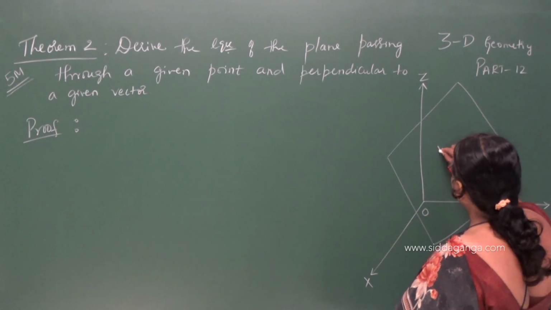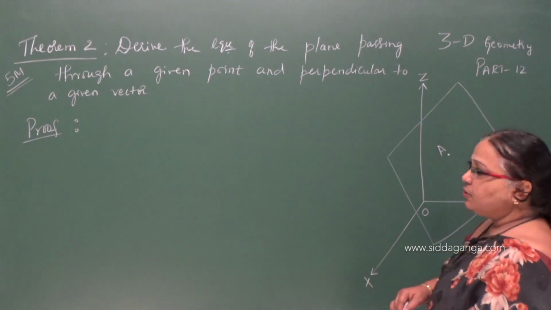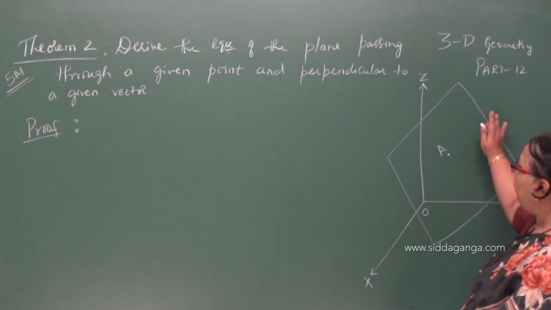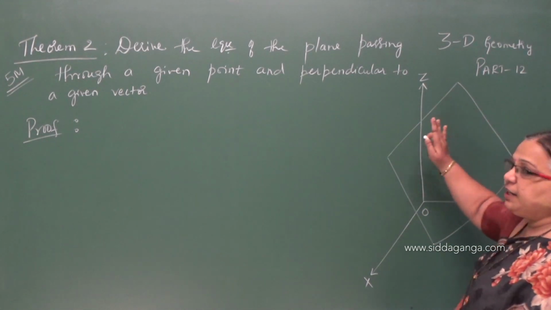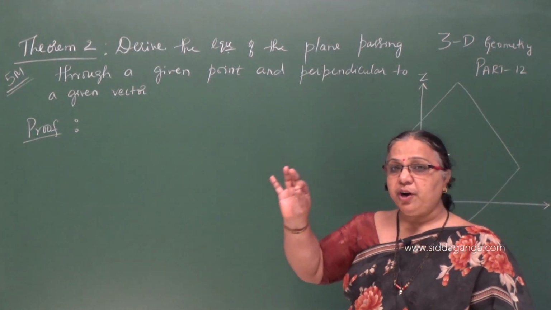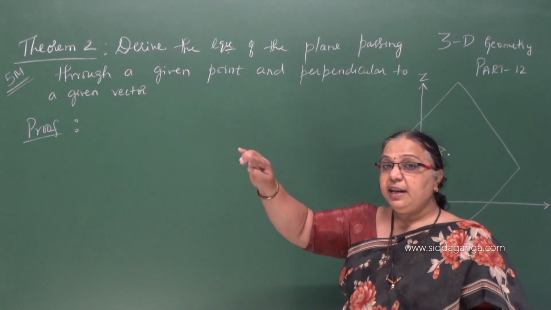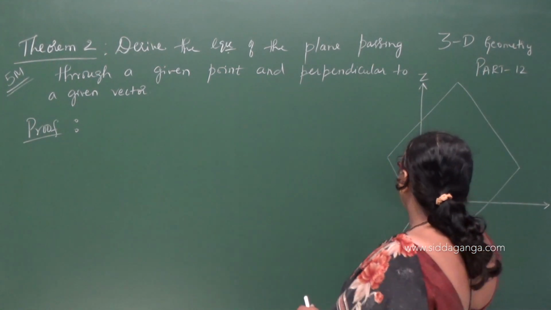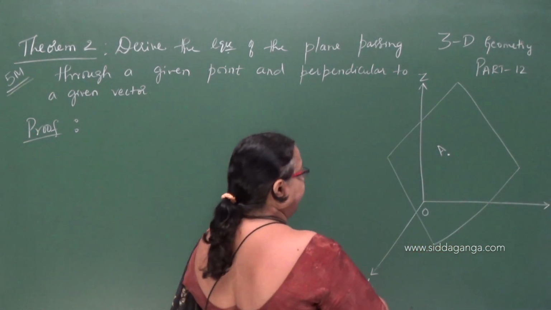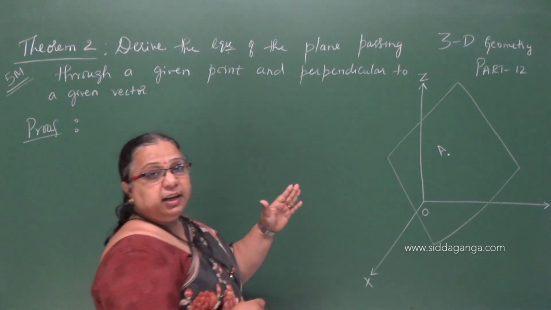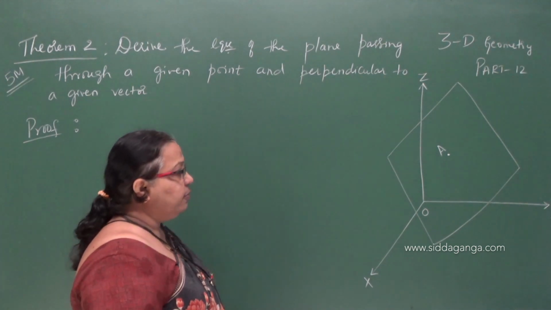We have to take a point A on the plane. Just as a line passes through a point and we take the point on the line, here too we have to take a point A on that plane.